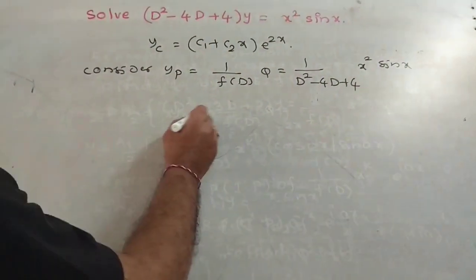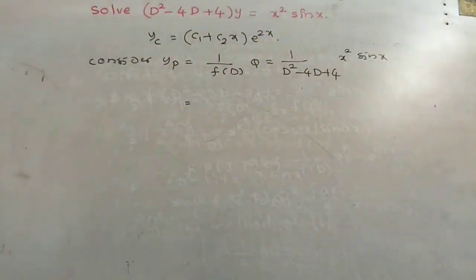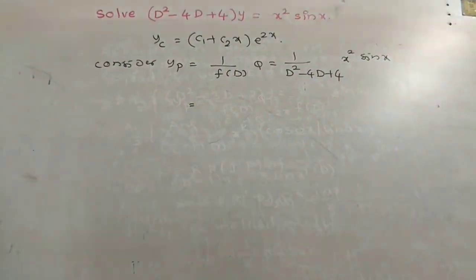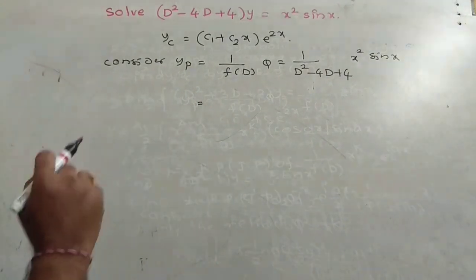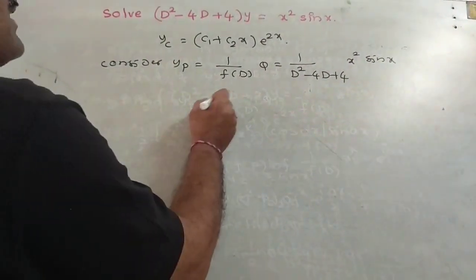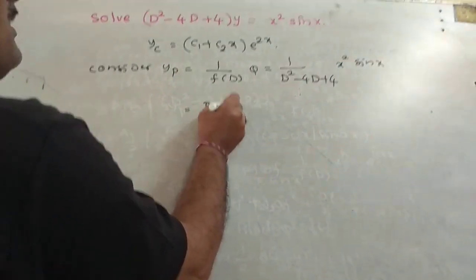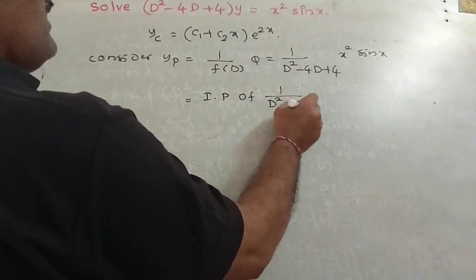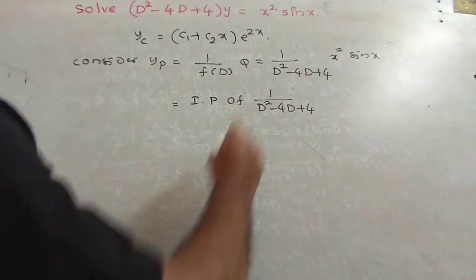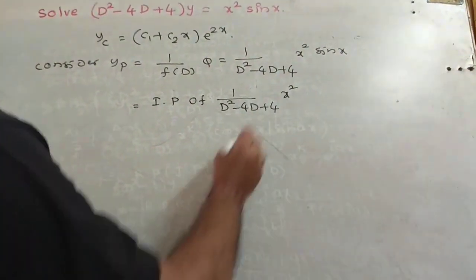Now sin means, is it related to the imaginary or the real part? Naturally sin stands for imaginary. So for that I am writing the imaginary part of 1 divided by D square minus 4D plus 4, as per the procedure. x square you keep as it is.